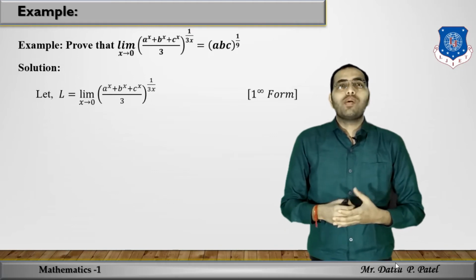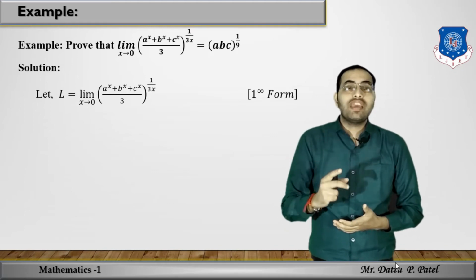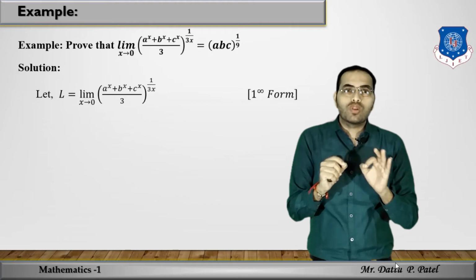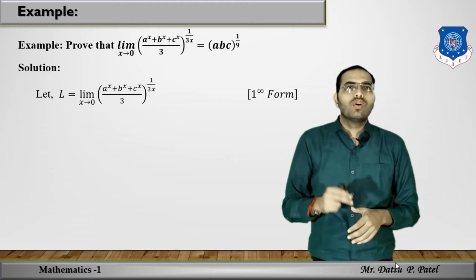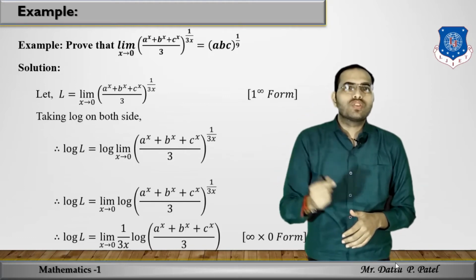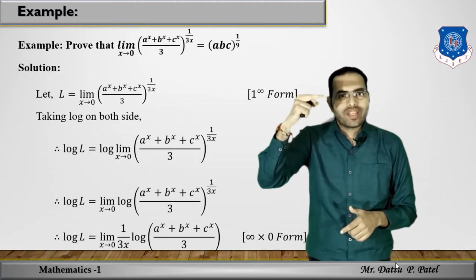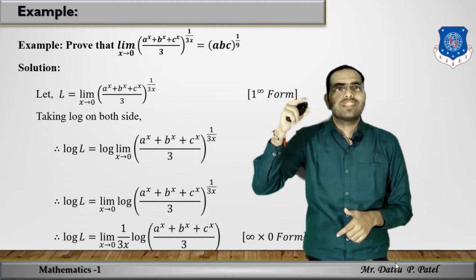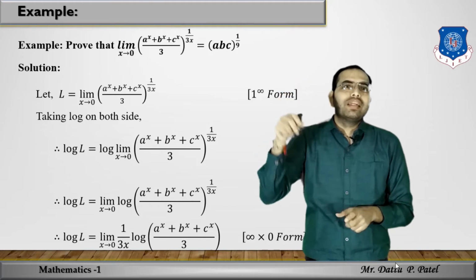Now, as it is in exponential form, firstly we have to take the logarithm on both sides, then log L equals log of limit x tends to 0, inside the bracket a raised to x plus b raised to x plus c raised to x divided by 3, raised to 1 by 3x.